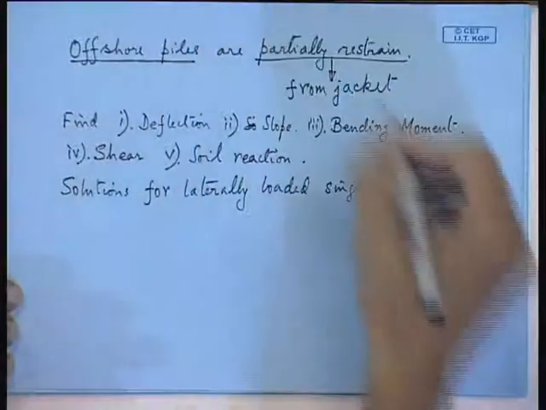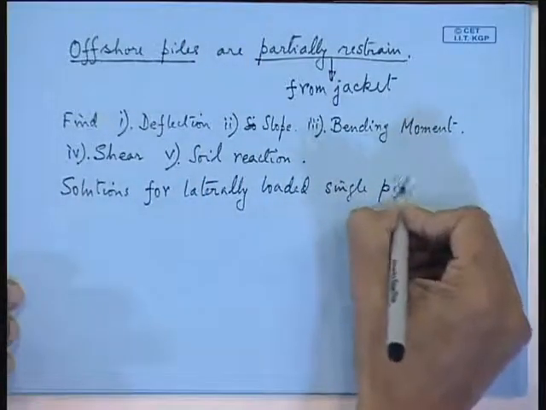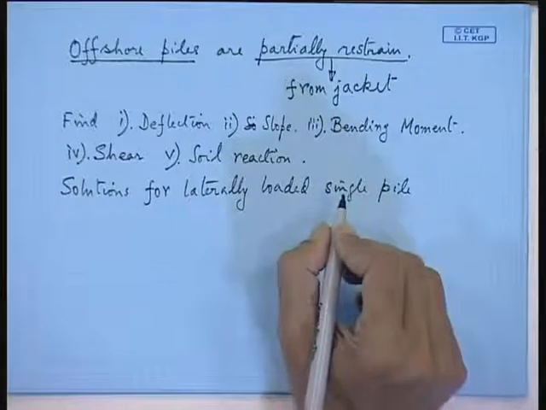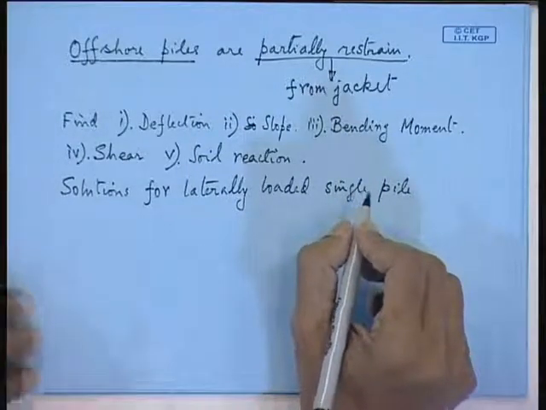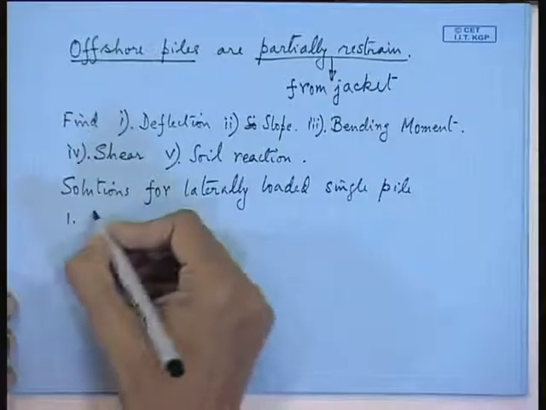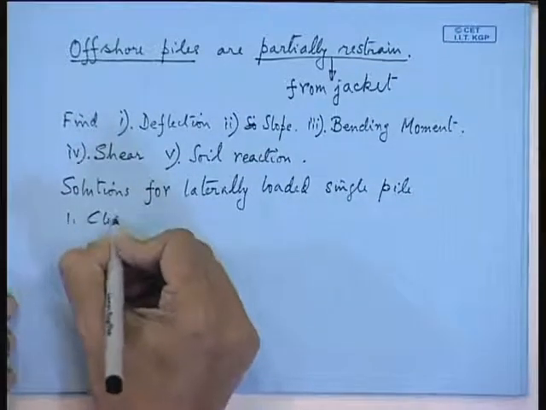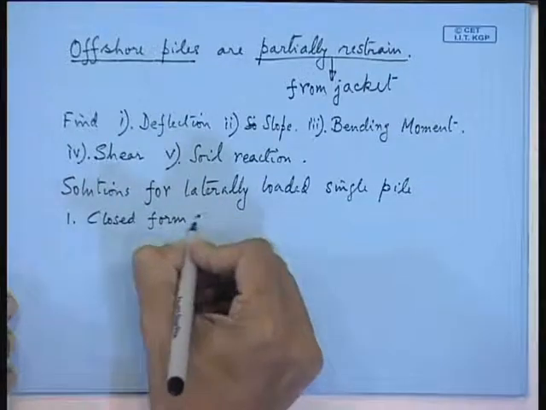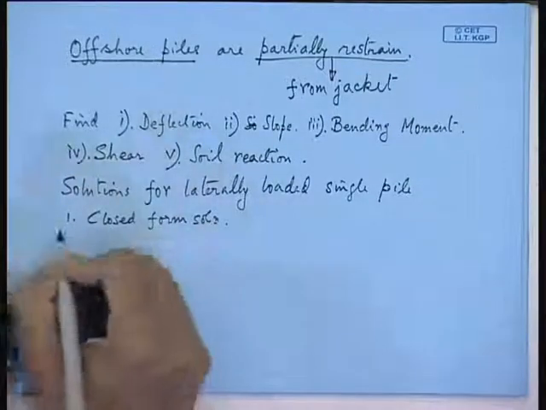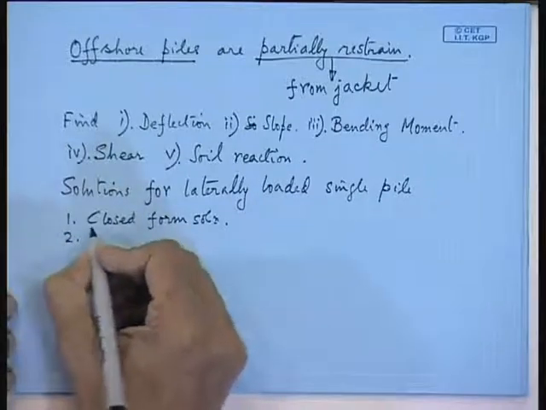Now, that corner pile calculation that you have made is only for a single pile. So, the solutions are: number one, you will get a closed form solution. Number two is the difference equation.